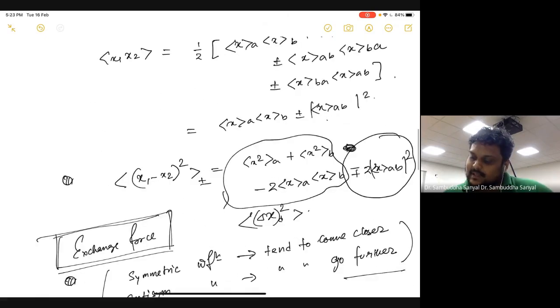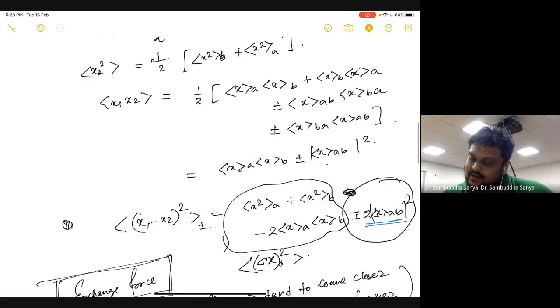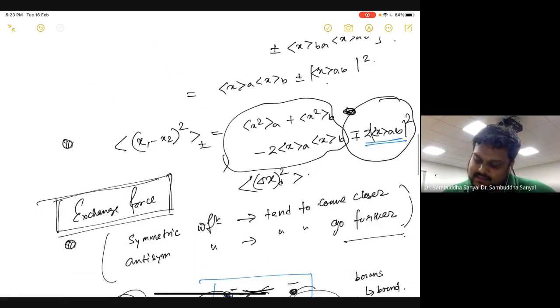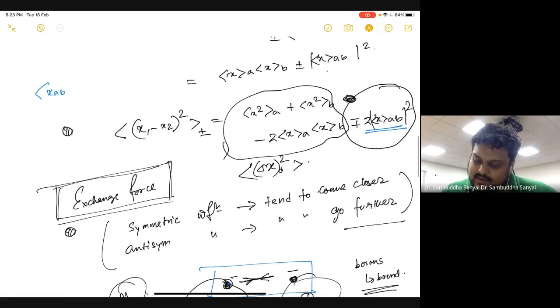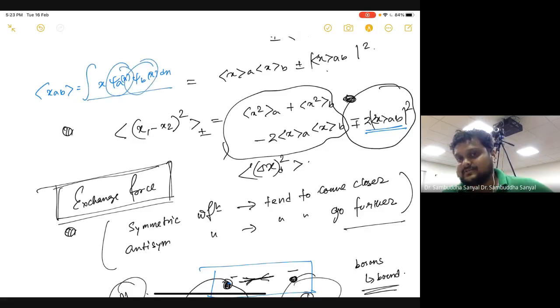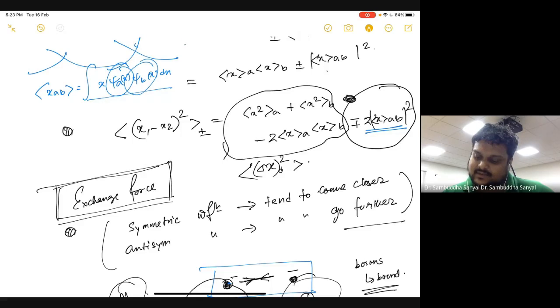This force is negligible because this term, this x_ab term, is basically the integral of psi_a psi_b. That is the overlap between these two electrons. Now we know for the hydrogen atom and helium atom, this thing is falling exponentially, because of e to the power minus r from the origin.